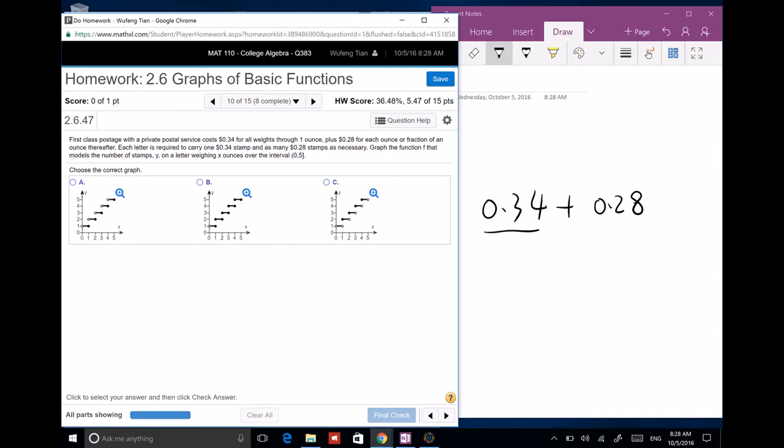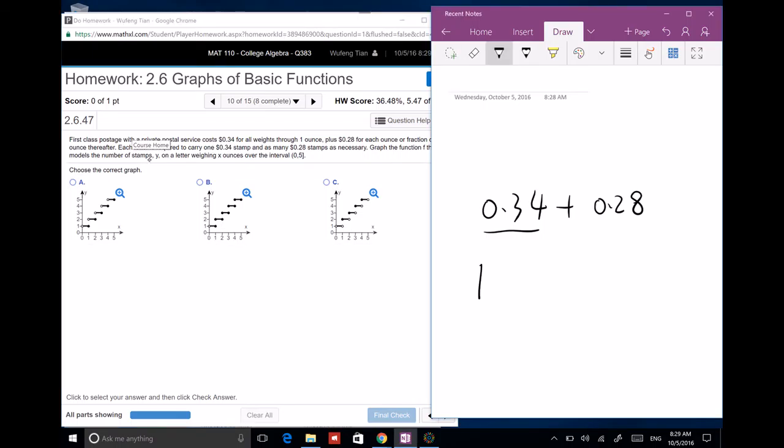It should be 0.348. Let me see. The function that models the number of stamps. Oh, the number of stamps. The first one is at least 1. Then after 1 ounce you put 2, and then you go through.